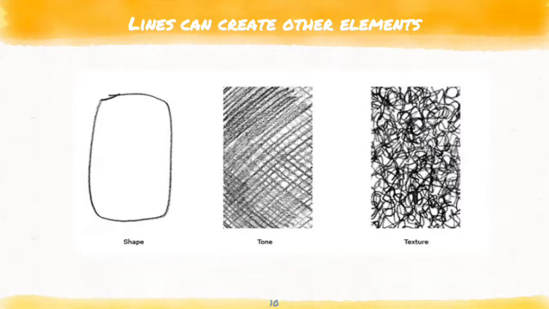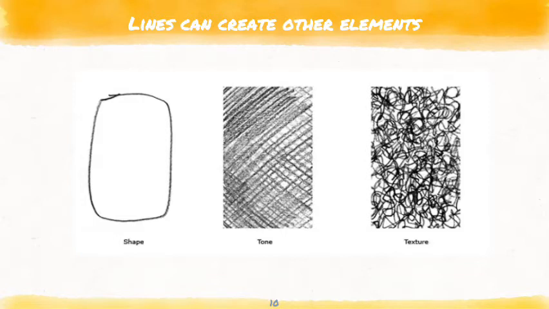Okay, so technically we are done with the lines. Lines can exist as elements in themselves or they can be used to produce another element. When I say other elements, it pertains to the shape, the tone, and the texture. Technically, these three, shape, tone, and texture, are just a composition of lines.